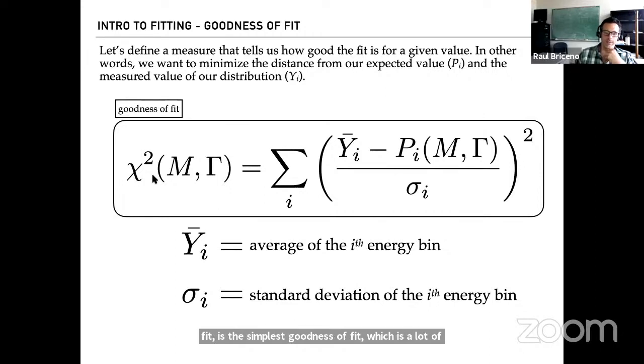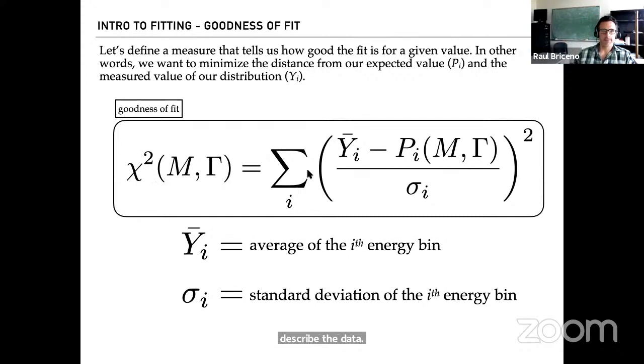The chi-squared is a simple measure that tells you how well your data is described by some ansatz of a function. I have some function that depends on some parameters, and I want to tune those parameters to describe the data. Here is my first example of a chi-squared. I'm going to write the chi-squared several different ways for different examples.